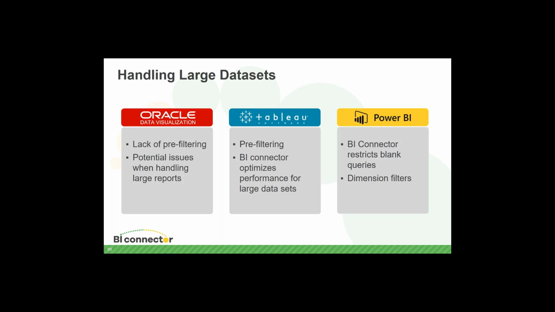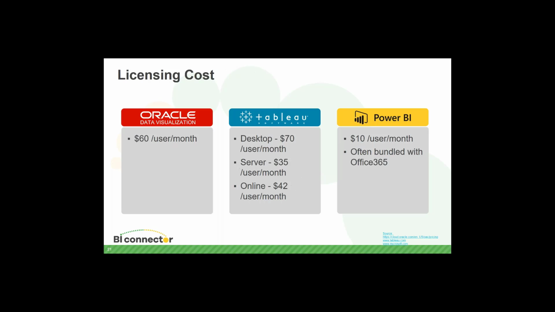Licensing cost is a key factor. The Oracle Data Visualization cost comes to about $60 per user per month when it is used as a part of their various offerings. In the case of Tableau, they have a variety of options. The desktop is about $70 per user per month. Server, which is becoming more and more popular, or online, which is also becoming very popular these days, comes to about $35 per user per month or $42 per user per month.